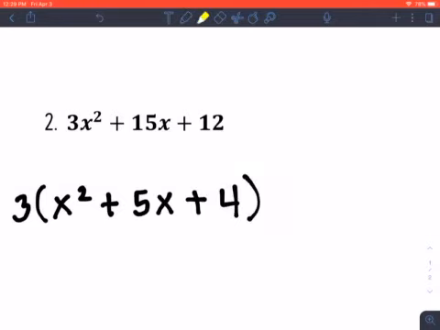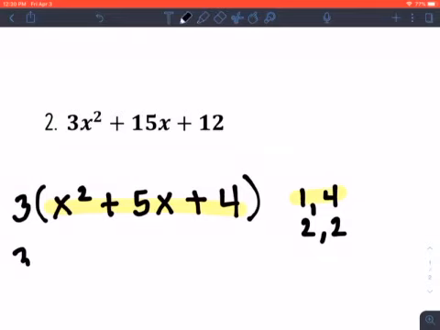I want to figure out, can I now factor what's left inside of x squared plus 5x plus 4? So, just like the previous problem, I want to think of things that are going to multiply to 4, but that same combination is going to have to add to 5. So, let's think of things that multiply to 4. Well, 1 and 4 and 2 and 2. The combination 1 and 4 is going to give me that middle term of 5.